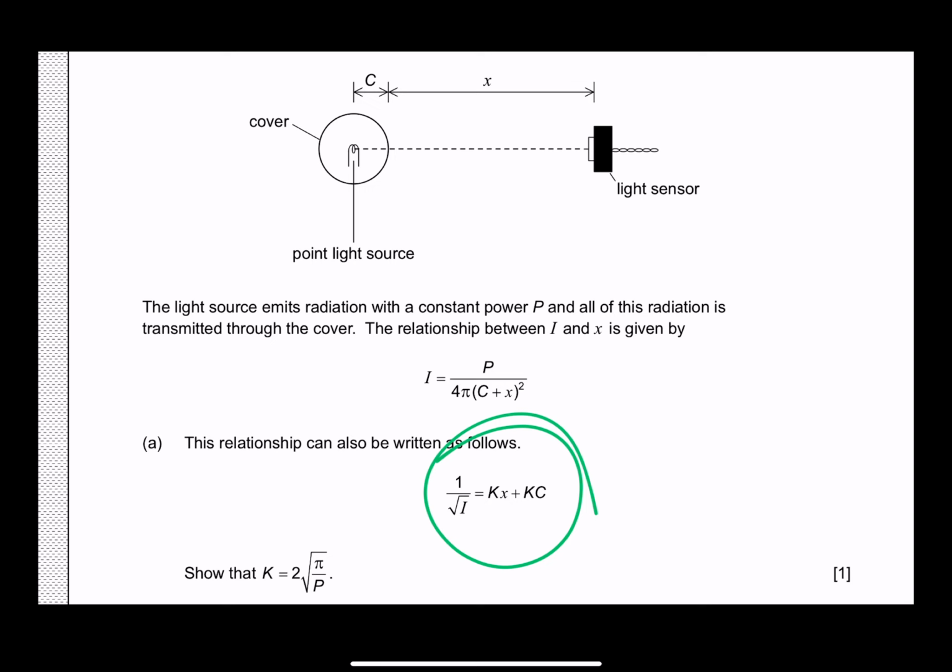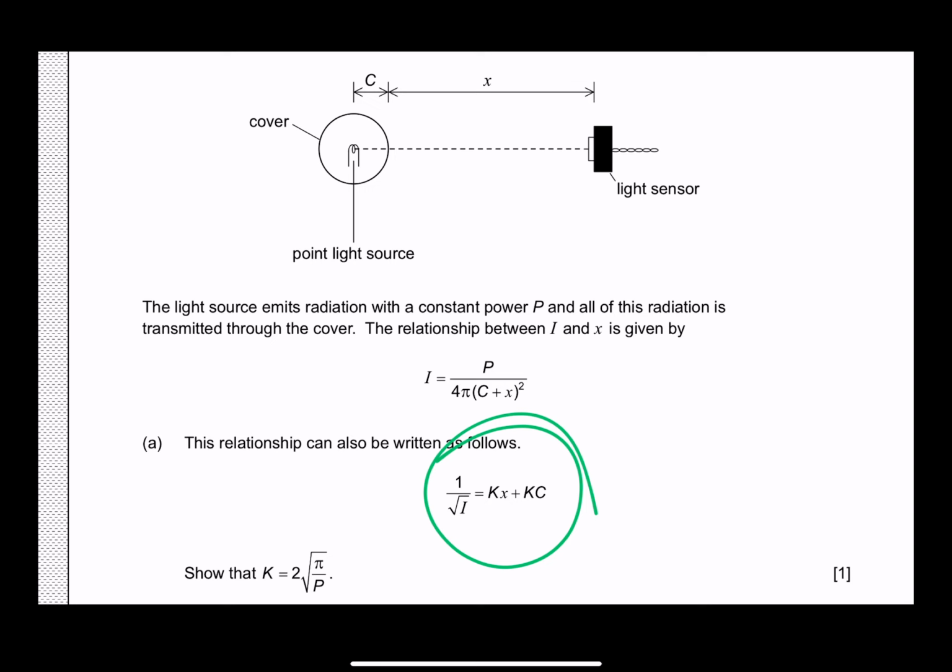And I've been thinking about this, and it's like, what even is the point of the cover, especially when I say that all of the radiation is transmitted through the cover? And I think it's simply that the actual source of the light is considered to be a point source, which for the intent of this experiment kind of is a point source of light, but there's some cover on it. You know, we're talking about a bulb here, right?